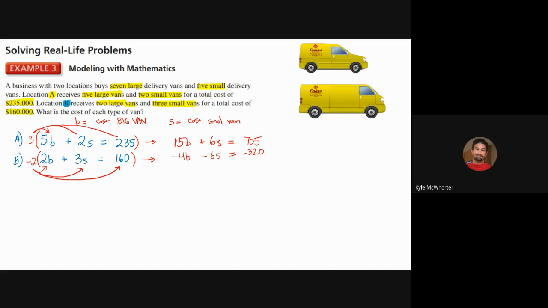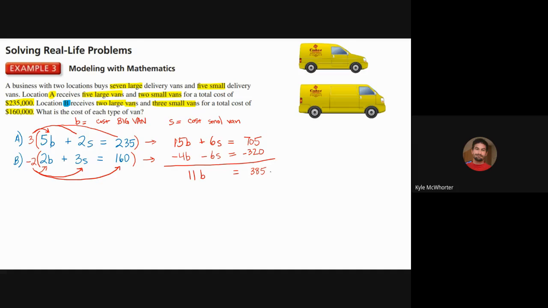Okay, so now if I add these equations, the 6s and the negative 6s will cancel out. So while I have my calculator open still, I'm going to do 705 minus 320. That's 385. 6s minus 6s is 0. 15b minus 4b is 11b.